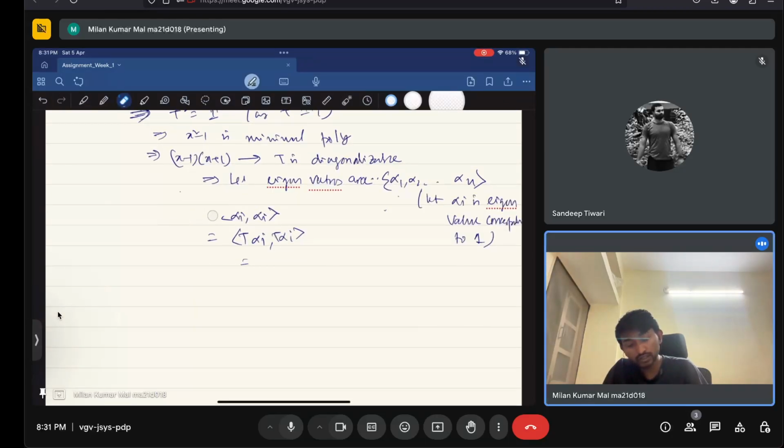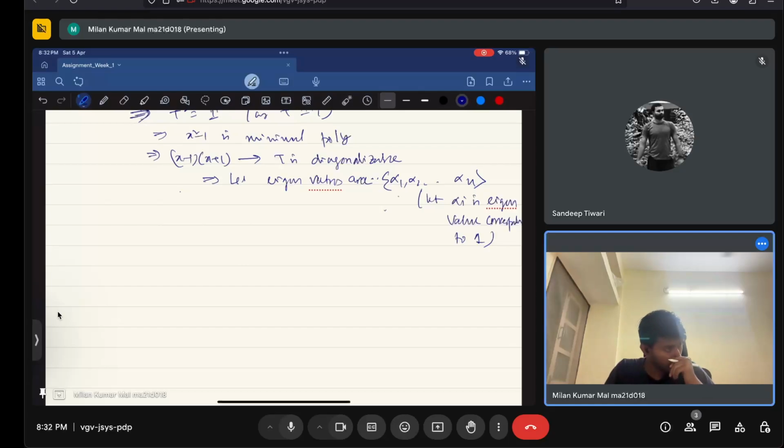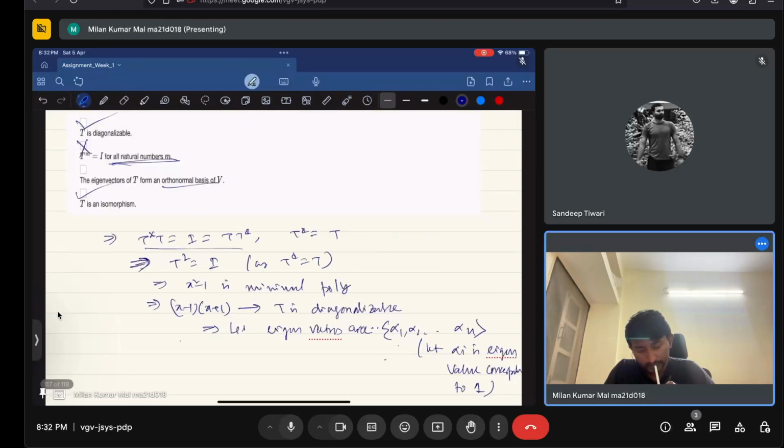Eigenvectors corresponding to distinct eigenvalues are orthogonal to each other, that's true, there is no problem. That is the first thing. The second thing is that eigenvectors of T form an orthonormal basis. Any eigenvectors will be an orthonormal basis. I have an eigenvector.